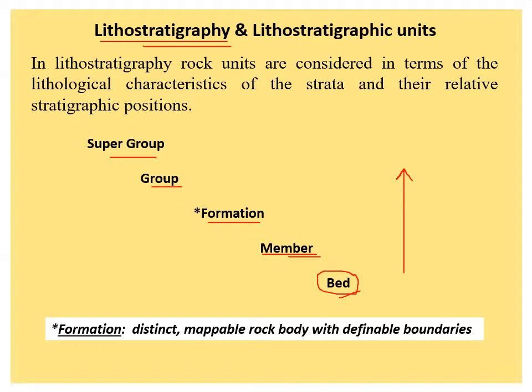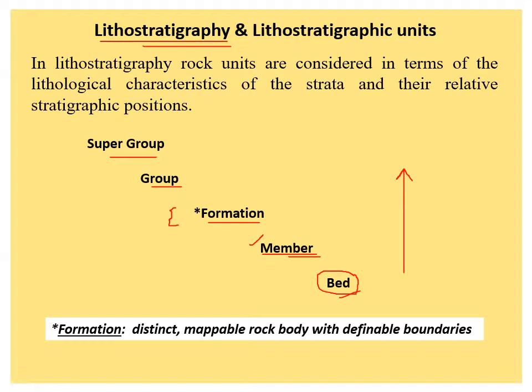Only those beds fall under a member which have a certain level of homogeneity, that means a certain level of similarity, so that I can group them into a higher level, that is member. Similarly, a few members together form a formation. Only those members fall under a single formation which have certain homogeneity.